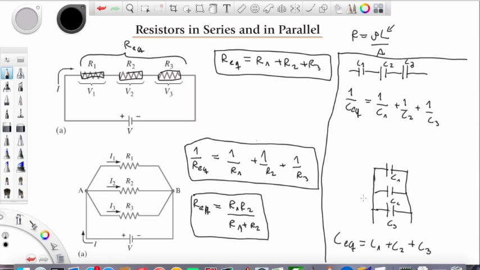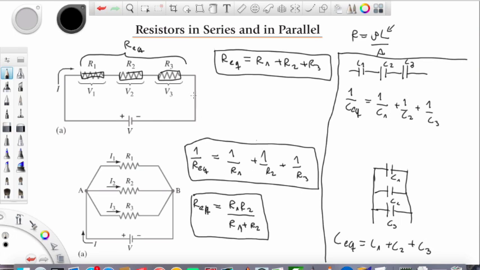So as you can see, these situations are exactly the opposite for resistors and capacitors. For resistors, the easy one is when they're in series, but if capacitors are in series, it's the more complicated one. And for capacitors, the easy one to calculate is when they are all in parallel, whereas the parallel configuration for resistors is the hard one.